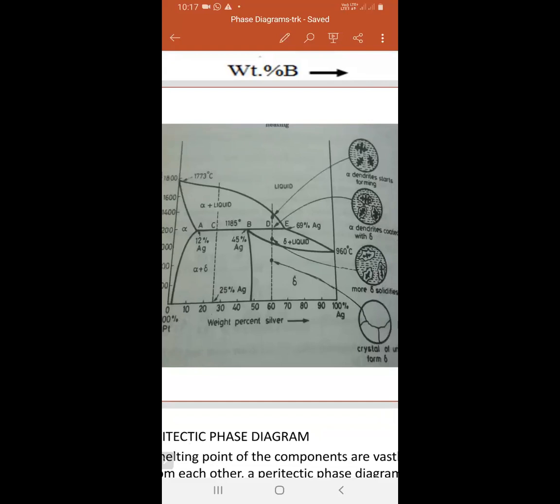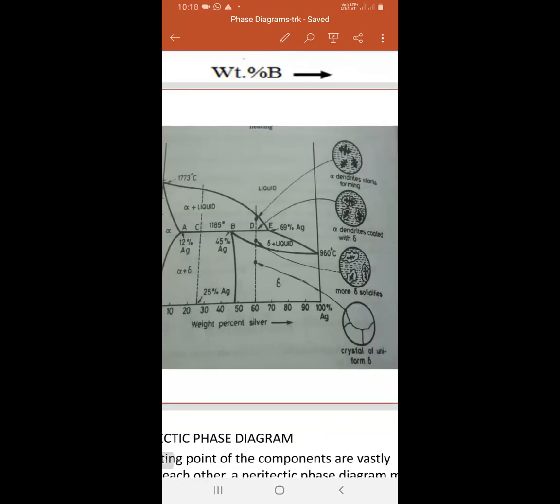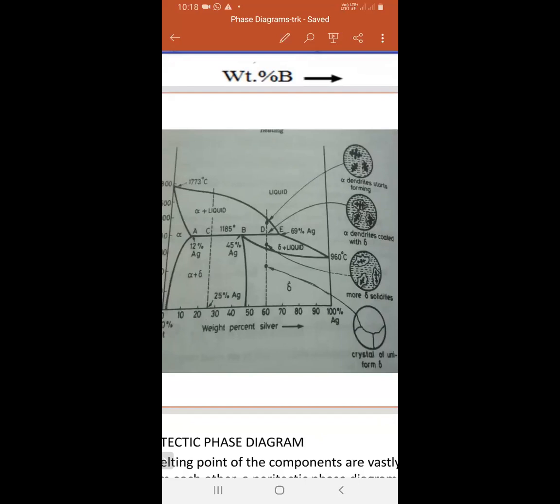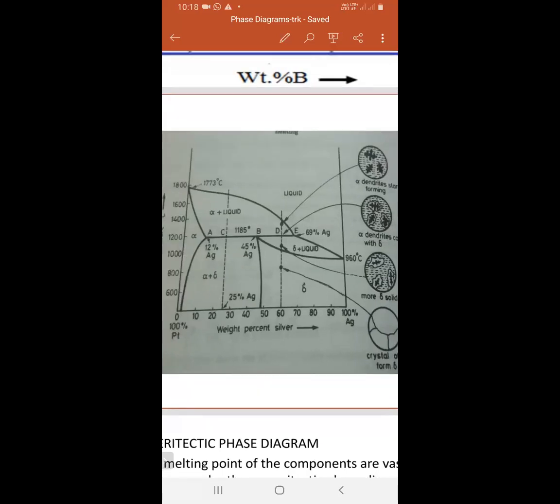Liquid. Then when the temperature is decreasing, alpha dendrites start forming. Here it is liquid plus alpha dendrites.